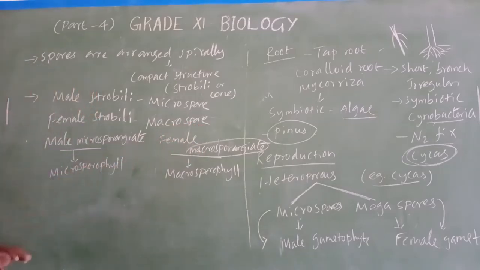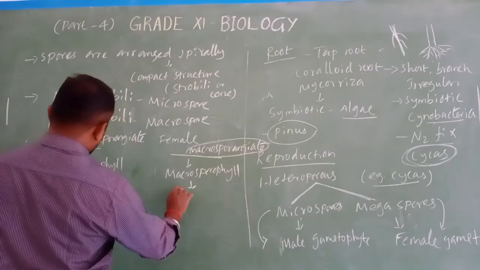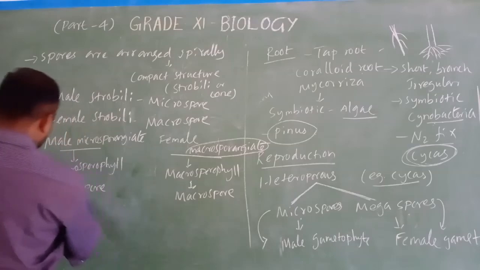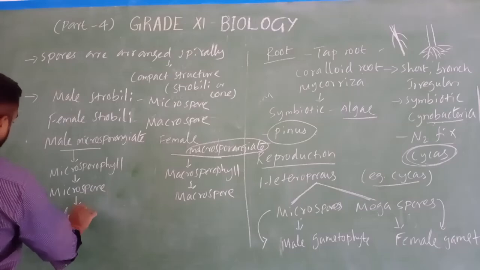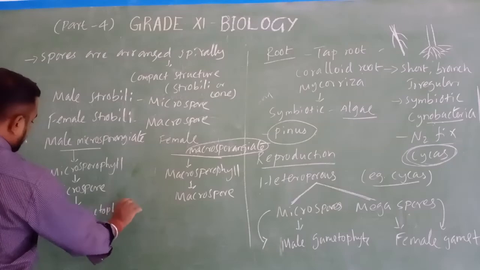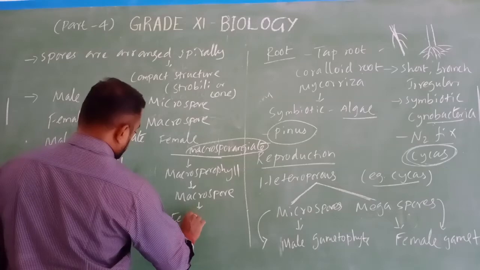So macrosporophyll and microsporophyll. The microsporophyll produces microspores. The macrosporophyll produces macrospores. From the microspore, the male gametophyte comes. From the macrospore, the female gametophyte.